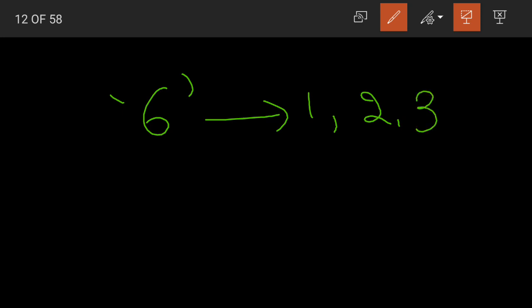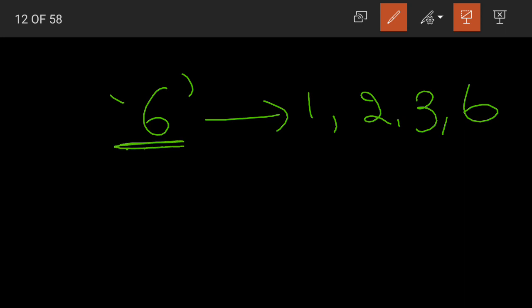Now what about a composite number? If we take the example of the number 6, what are its factors? 1, 2, 3 and 6. And always when you are writing factors, see to it that you write the factors in ascending order, okay children? Even in the worksheet given to you, it is asked to write the factors in ascending order.